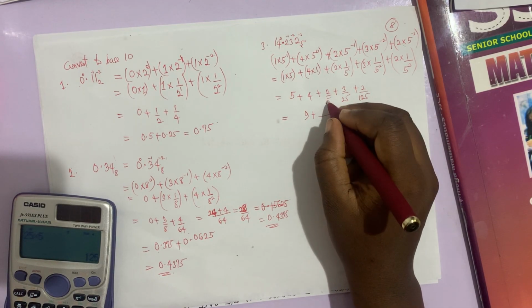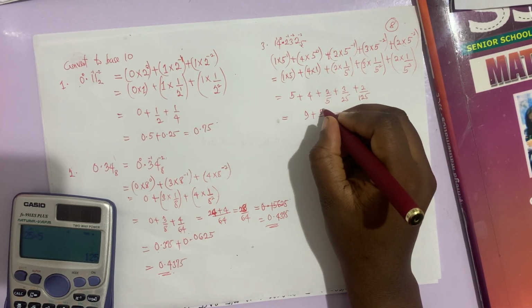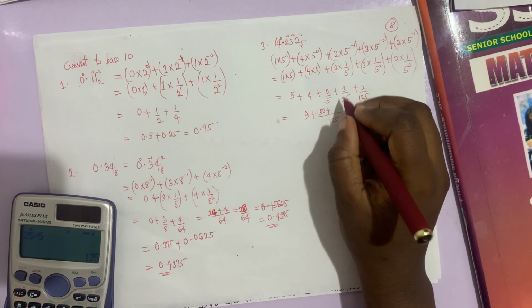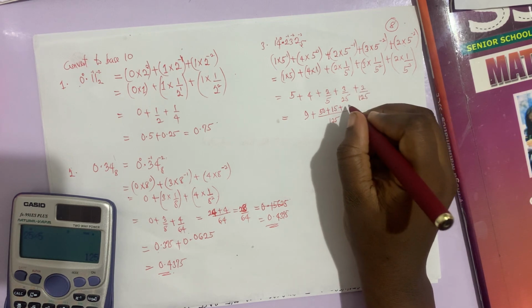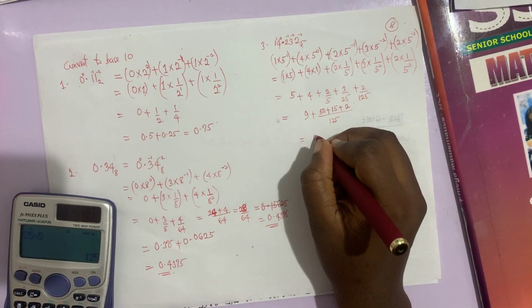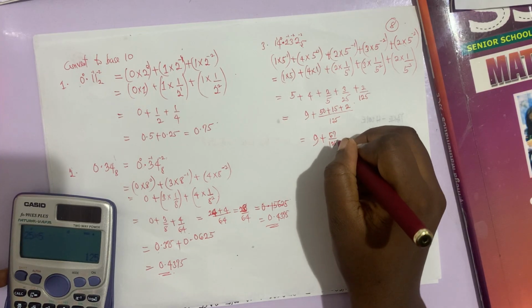125 as LCM. 5 into 125 gives us 25, times 2 is 50, plus 25 times 3 is 75... plus 2. So this will give us 9 plus 67 over 125.